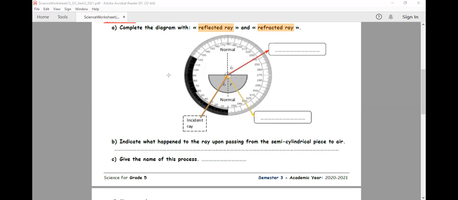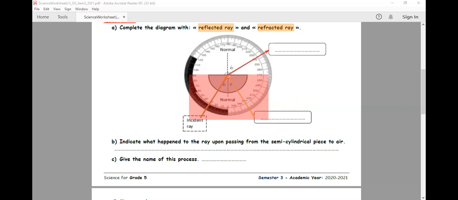Okay, look what we're going to do. The reflected ray and the incident ray should be in the same place, in the same medium. I will do it like this. The orange ray and the yellow ray are found in the same place.